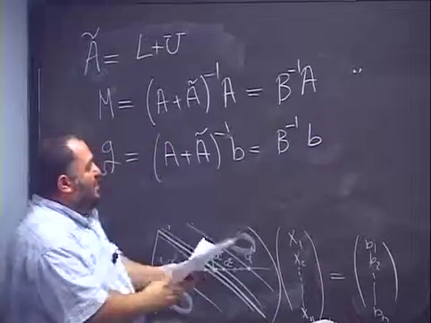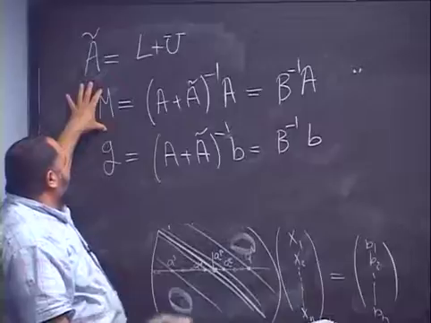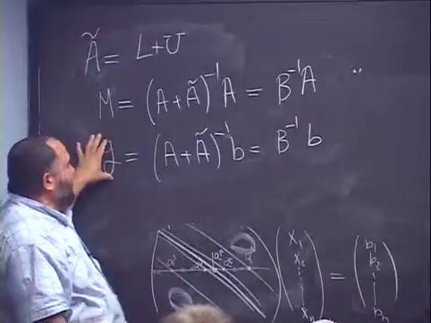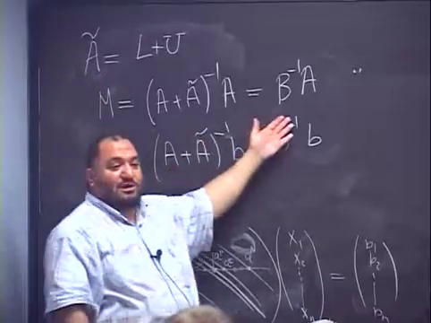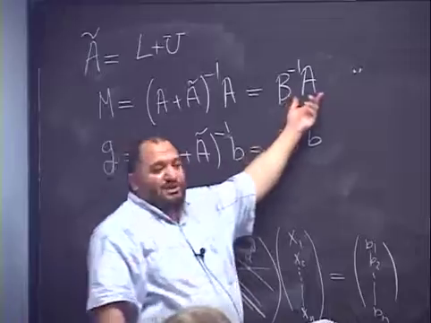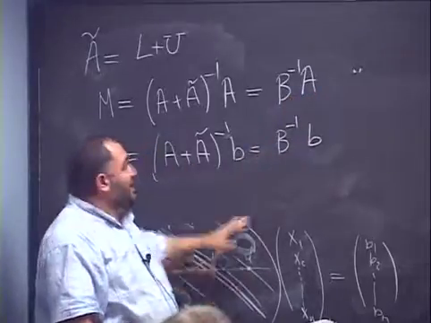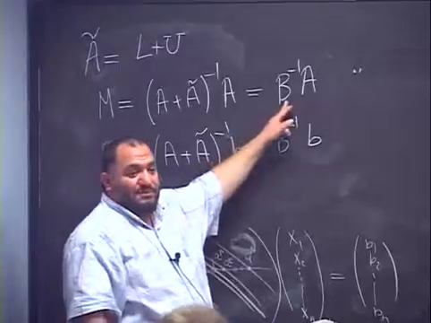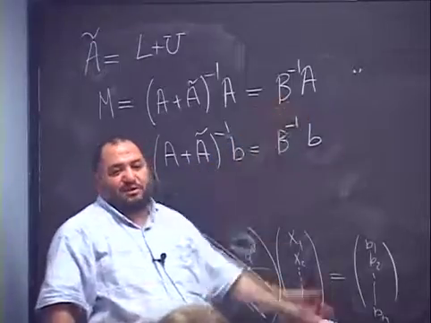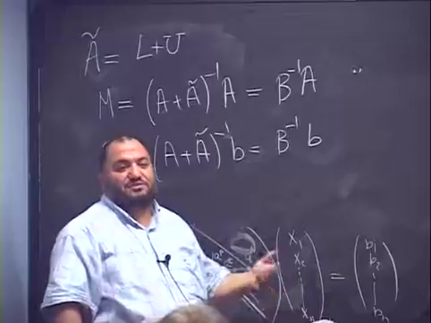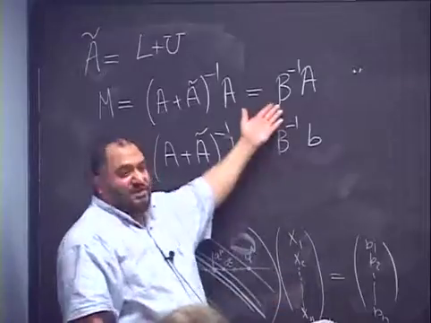So now I converted my matrix M and matrix G to very easy matrices to calculate. The original matrix A, I have it here. I will not do anything with the original matrix A. Then I will multiply it by what? By a pure diagonal matrix, but it is the inverse of the pure diagonal matrix, which is very easy to do.